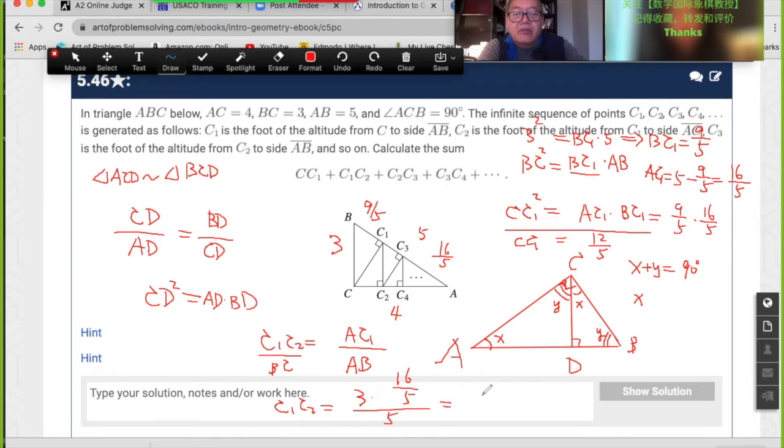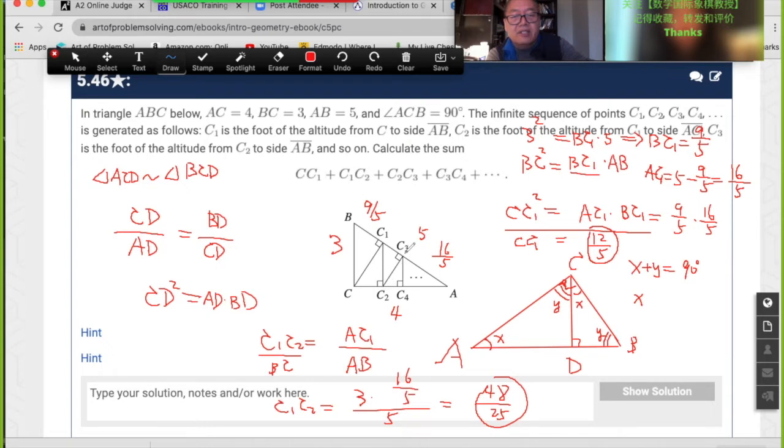So you got this equals 48 over 25. Okay, so you got this.